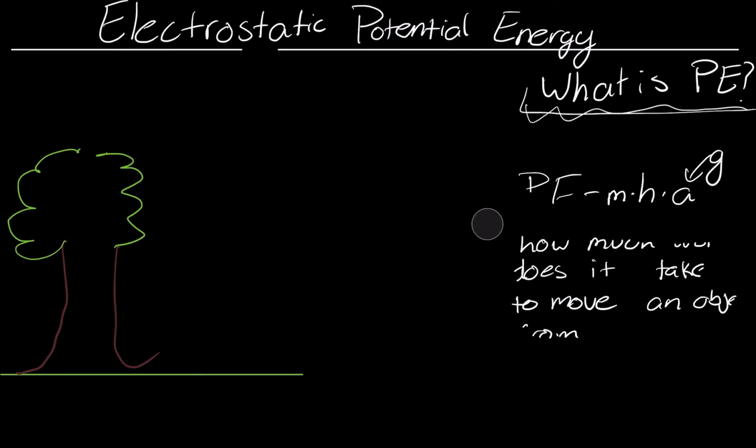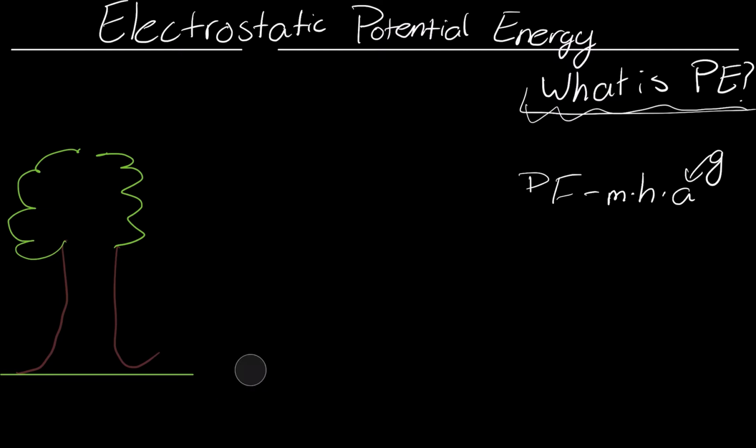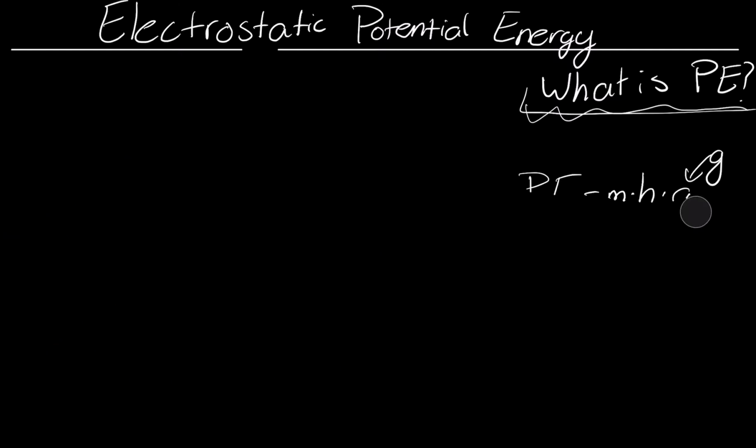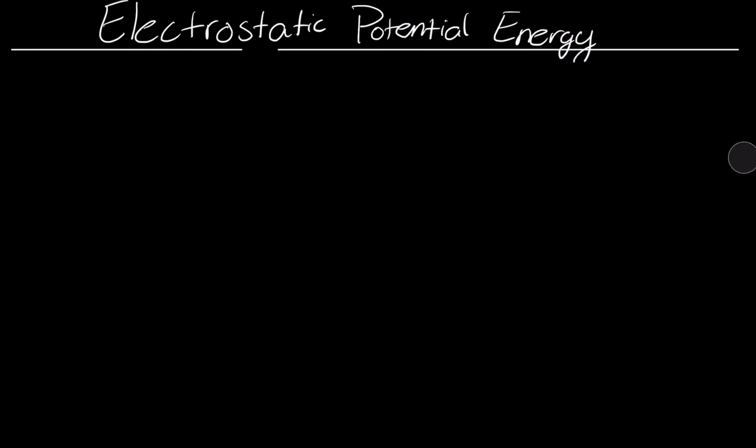But I'm gonna go ahead and erase, oops, my bad. I'll write it down in a second. Okay. So once again, potential energy equals mass times height times acceleration.